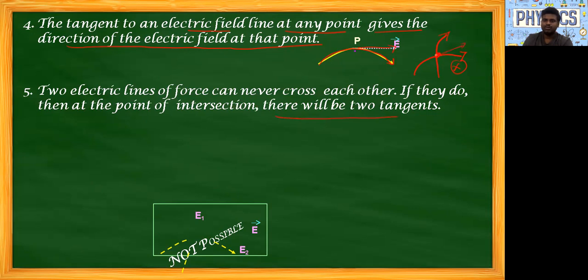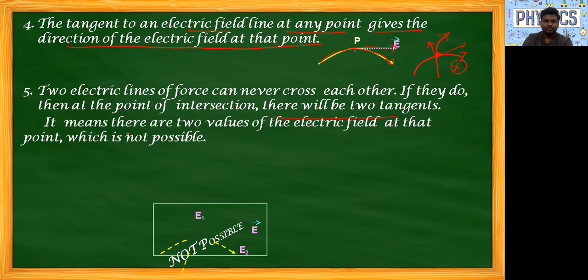It means there are two values of electric field. We discussed that if we draw a tangent, it gives the direction of electric field. Here one electric field and here another electric field at that point, which is not possible.